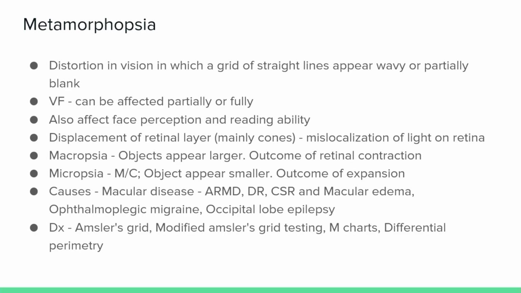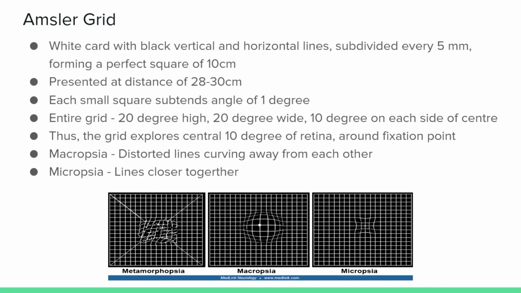Causes include macular disease like ARMD, diabetic retinopathy, central serous retinopathy, macular edema. Diagnosis can be by Amsler's grid, modified Amsler's grid testing, M-charts, and differential perimetry. Now, Amsler's grid is a white or black card with white or black vertical and horizontal lines subdivided by 5 mm, forming a perfect square of 10 centimeters.